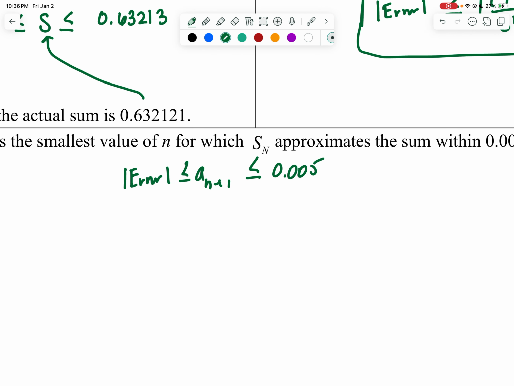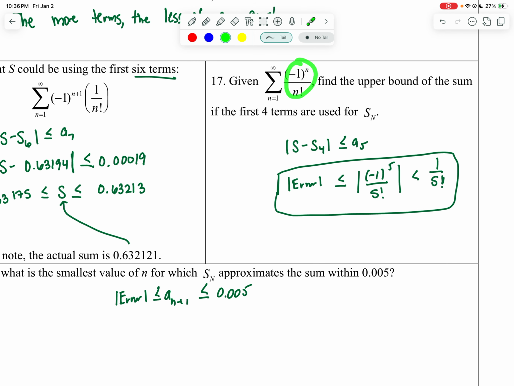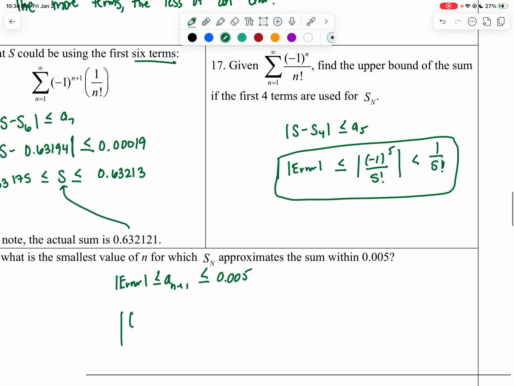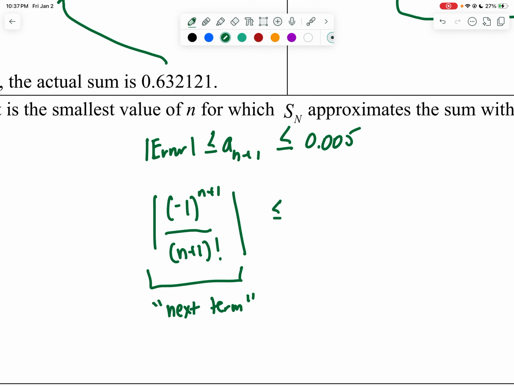All right, so our next neglected term, if I were to think about this right here, we are just going to put everything in terms of n plus 1 now. So this is going to be my next term. What's my next term? I don't know, but that's my next term. And it needs to be within 0.005. Now that's negative 1 to the n plus 1.